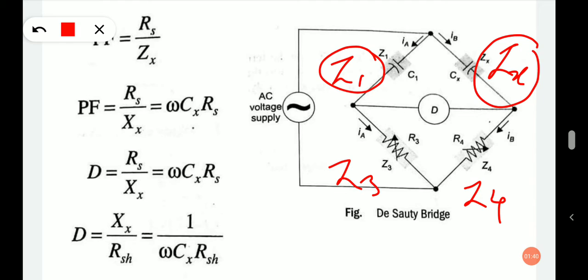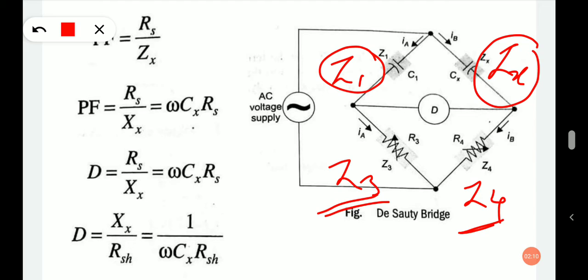Also, Z3 and Z4 are variable resistances, which can be replaced by a voltage divider resistance box if their ratio is given.